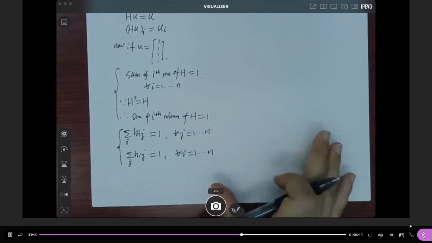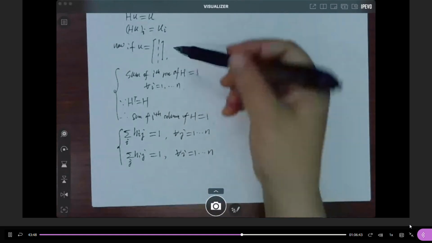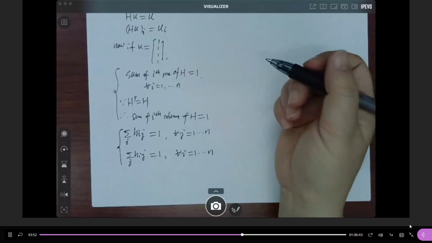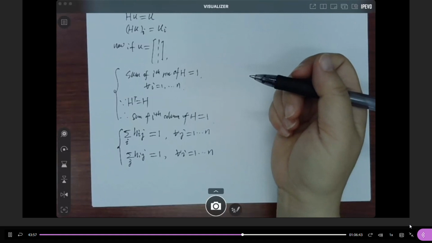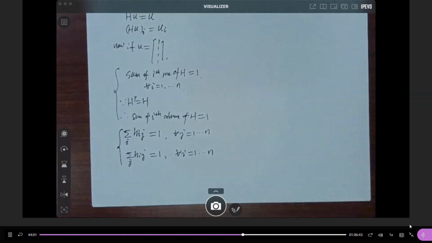So with this property, can you explain why you wrote down U? You wrote down U in order to get the sum of a row or the sum of a column. Oh, you totally messed up the proving logic here.